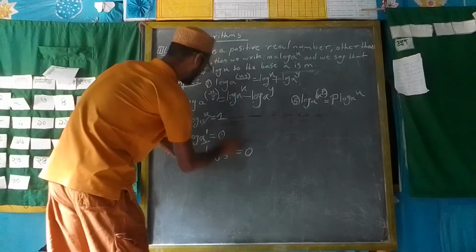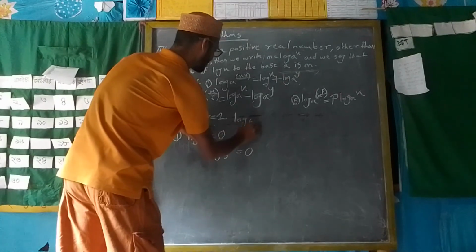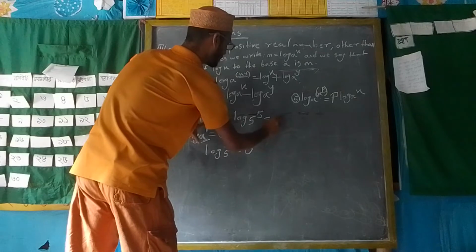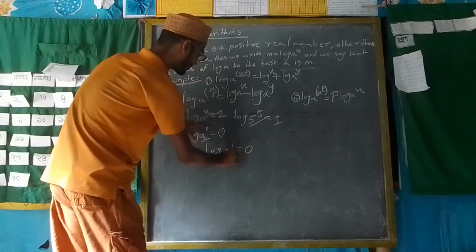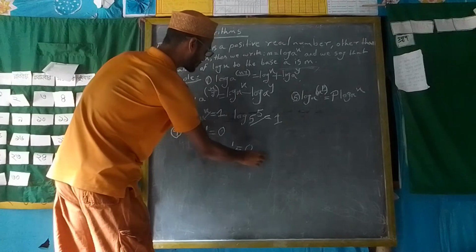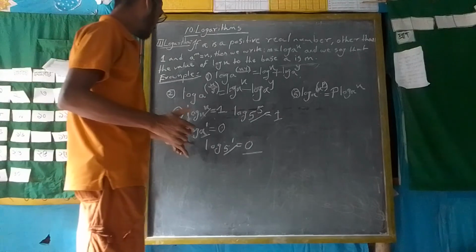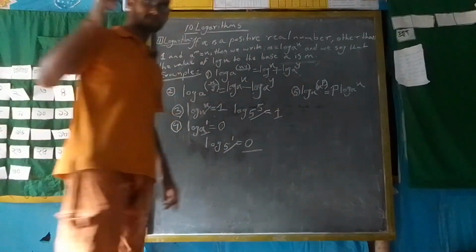Equals 0. Like log 5 power 5 equals what? 1. Power and base similar, 1. Power 1 equals 0. Here is our formula number 4 and 5 as well.